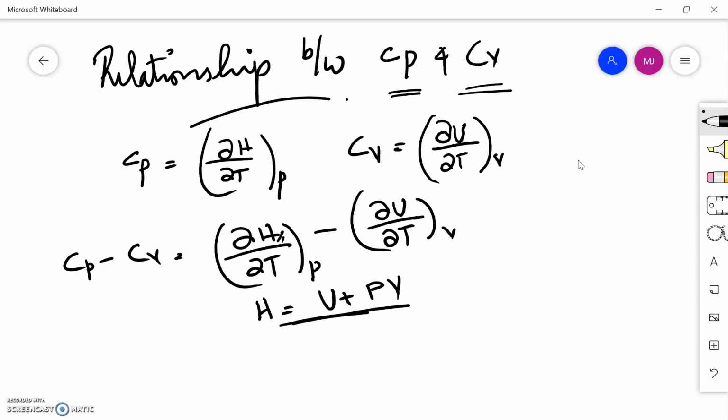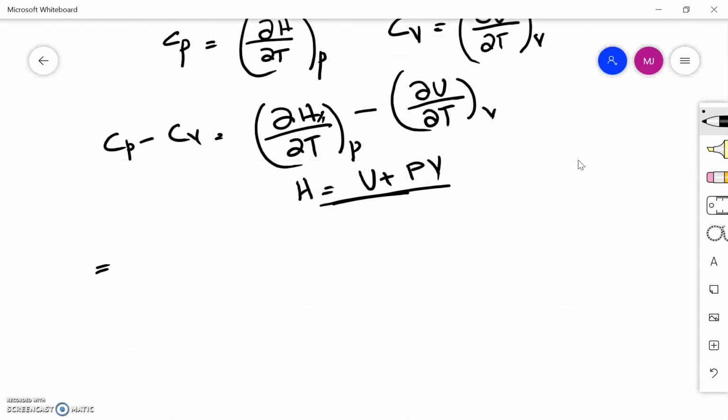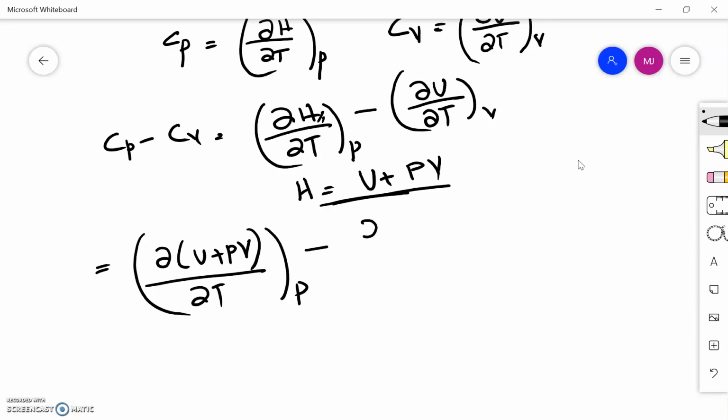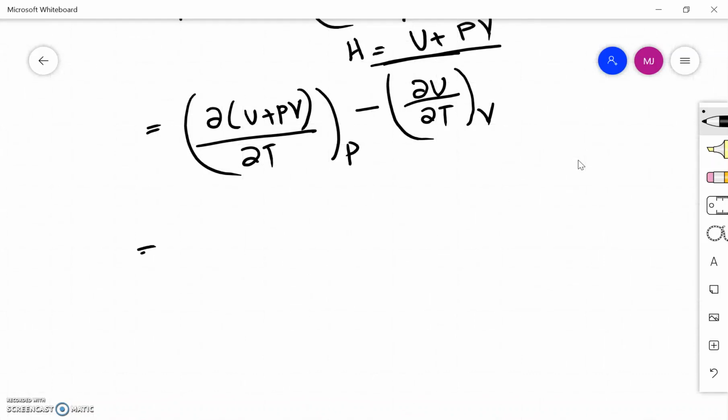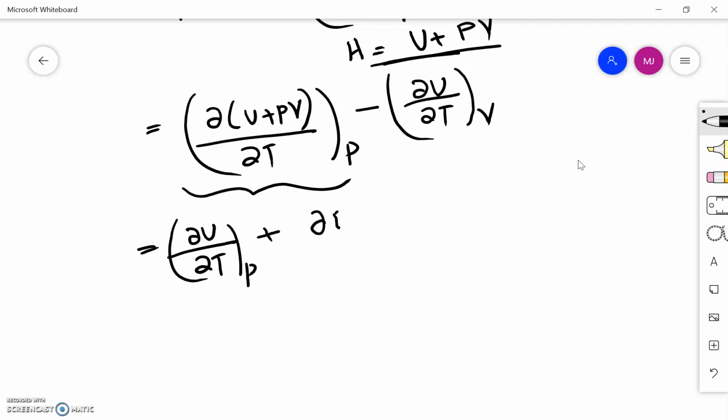Substituting this here, we get ∂(U plus PV)/∂T at constant pressure minus ∂U/∂T at constant volume. The first term can be written as ∂U/∂T at constant pressure plus ∂(PV)/∂T at constant pressure.